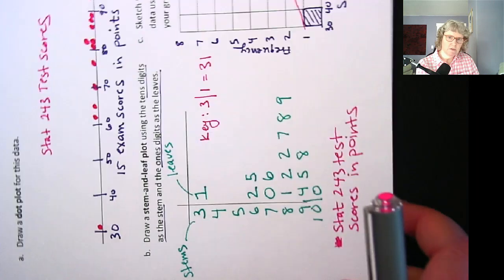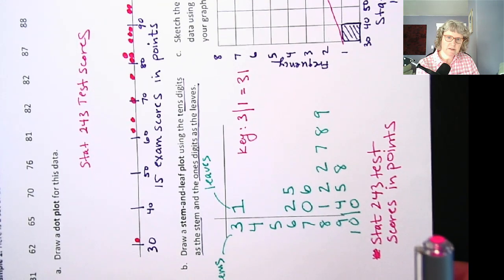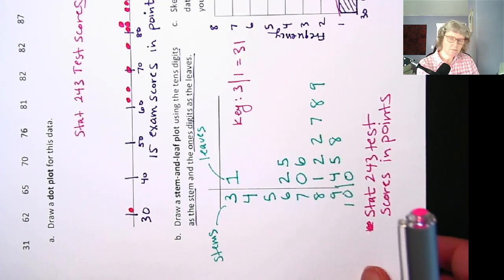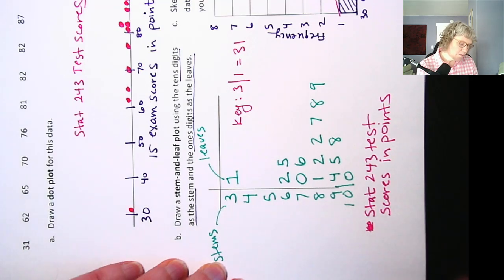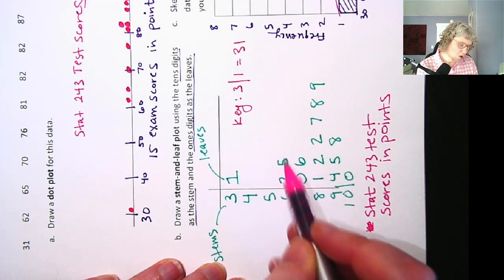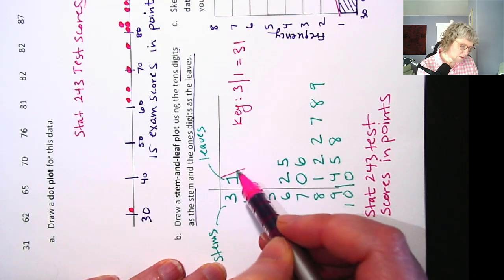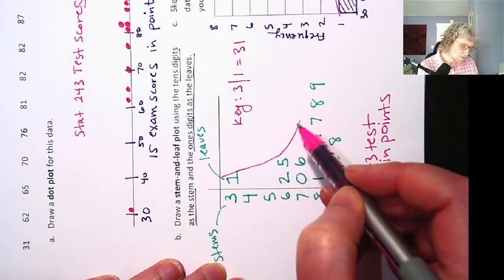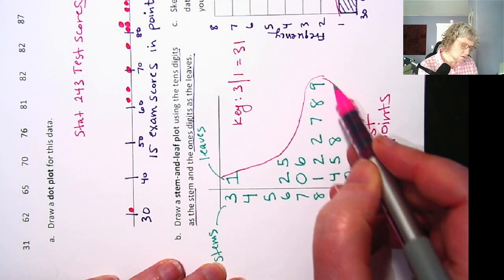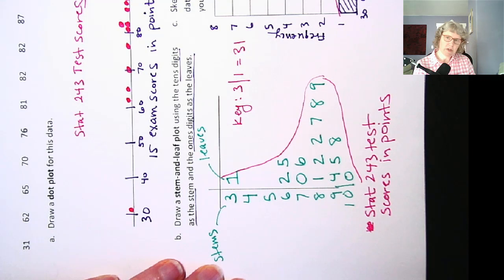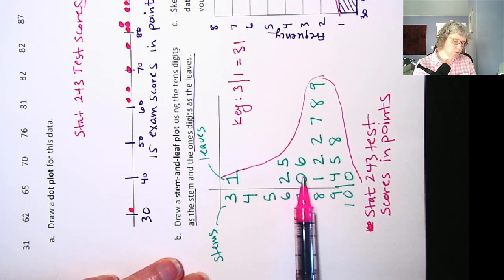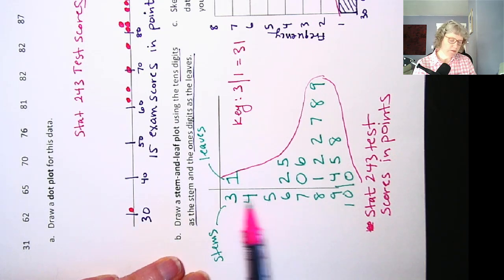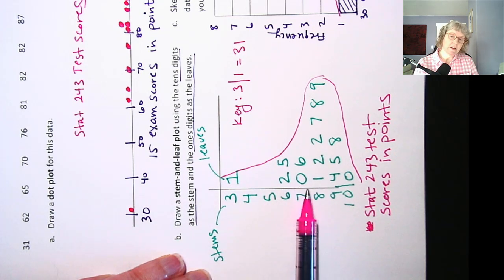But let me do a similar thing. Let me move this. I have to take my stem and leaf on its side. It's really the same shape, right? Because these are like bars. They're just written in numbers instead of squares. So it's really the same shape, it's just on its side. And you could think of these as bars, but what's interesting about the stem and leaf plot is you can see the actual data values.